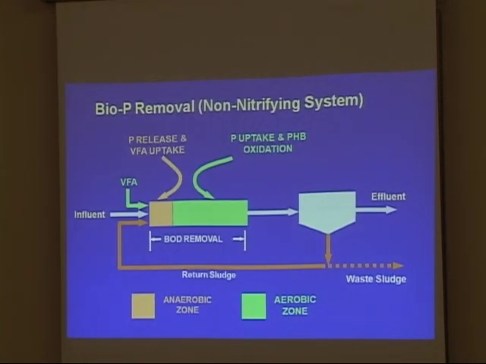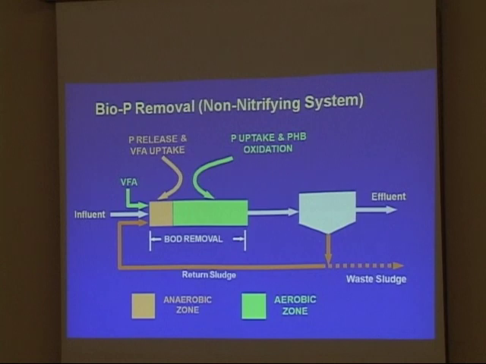So here's another way of looking at what's happening. If you look at the tan anaerobic zone and the green aerobic zone, in the tan anaerobic zone you get volatile fatty acid uptake. You have the return sludge coming in, your influent coming in there. And the phosphorus release is also occurring there.